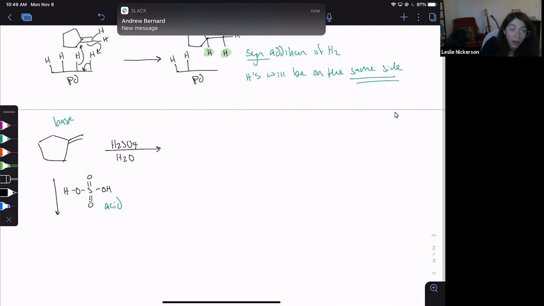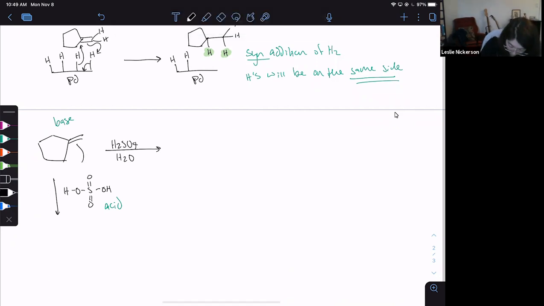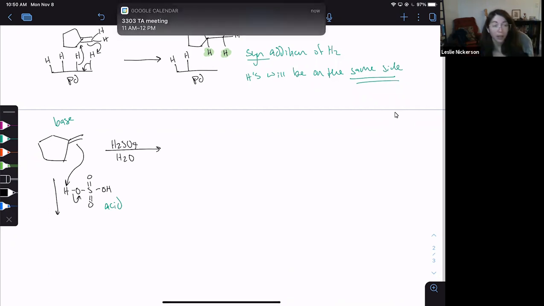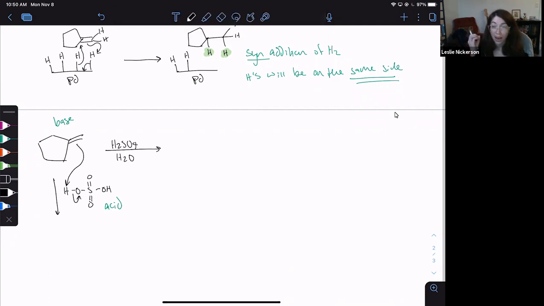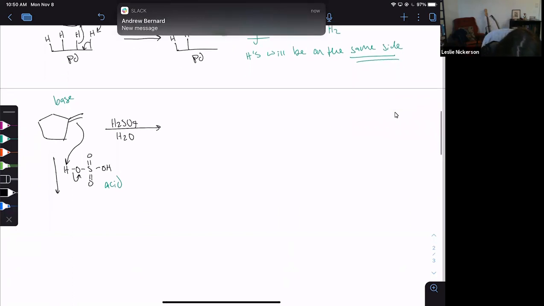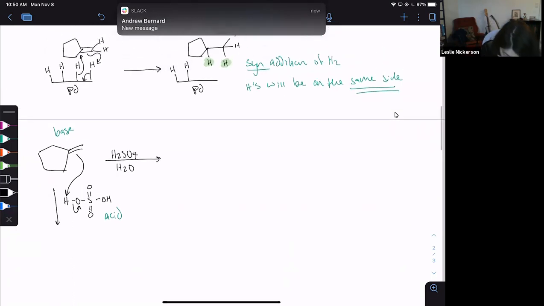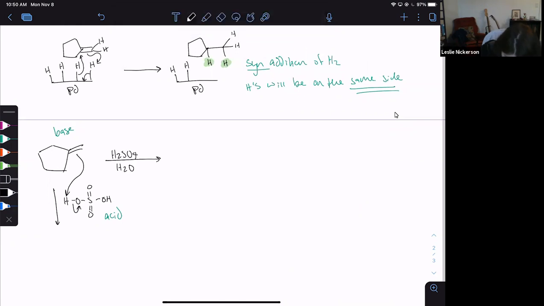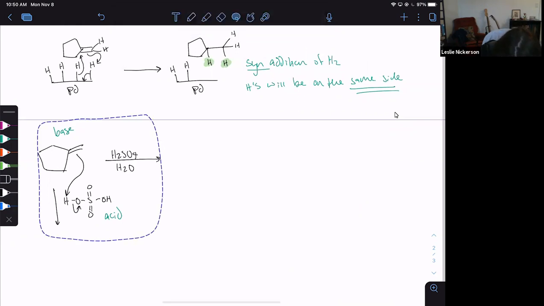Okay, so we're going to have this alkene go grab the H, give the electrons to the oxygen. So if I'm using my alkene as a base here, then I have some things to consider. I just realized I didn't put my label on there.